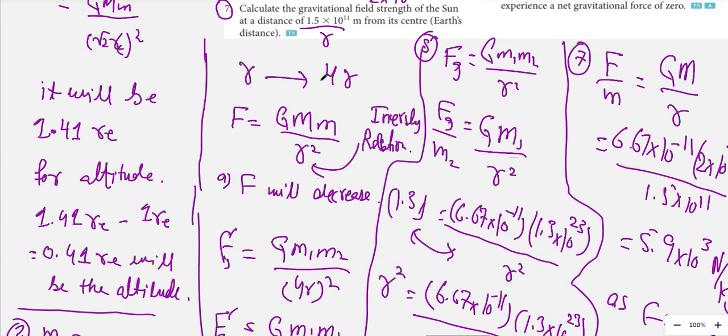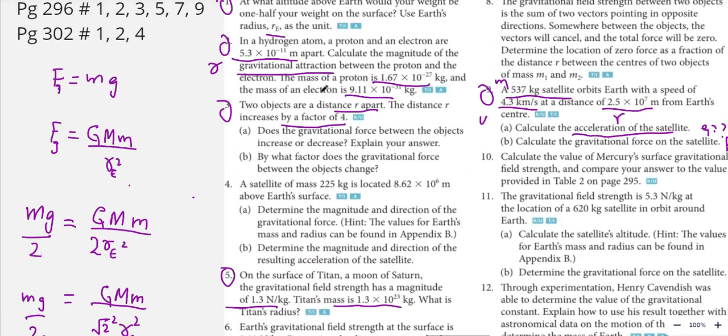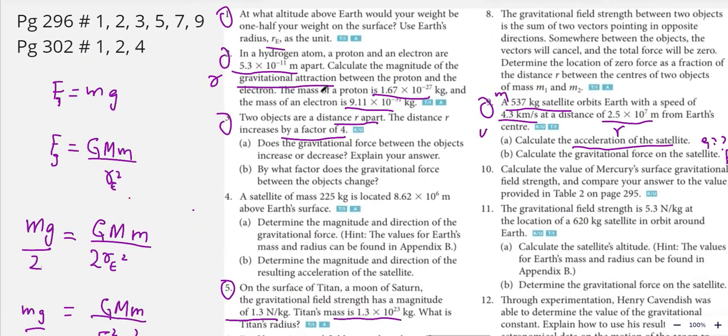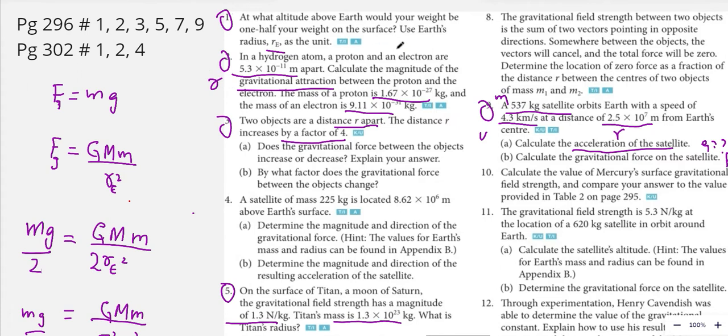Now the second numerical is relatively simple. In a hydrogen atom, a proton and electron are 5.3 × 10^-11 meters apart. This is a radius, or you can say it is the distance between the objects, so it will be denoted by r. They are asking to calculate the magnitude of the gravitational force.